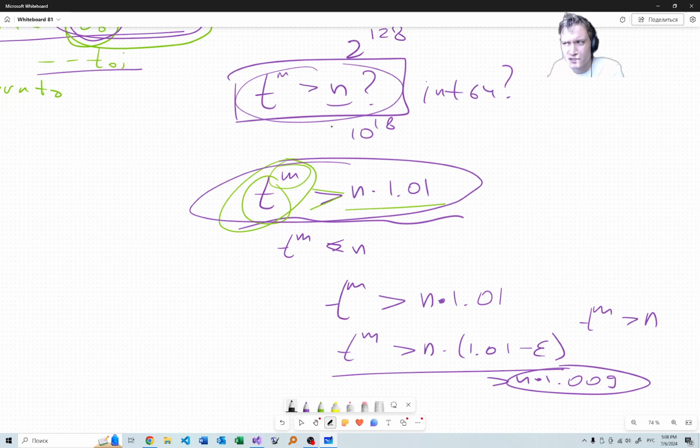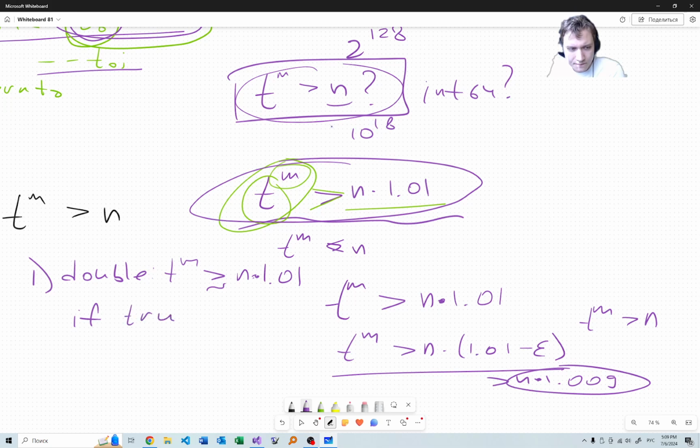Let me write it somehow structurally. So how to check that t to the power m is greater than n? First of all, we check in double precision that t to the power m is greater than n times 1.01.